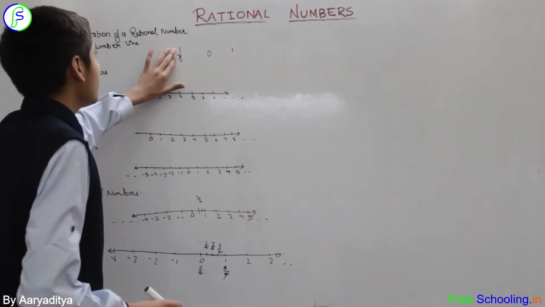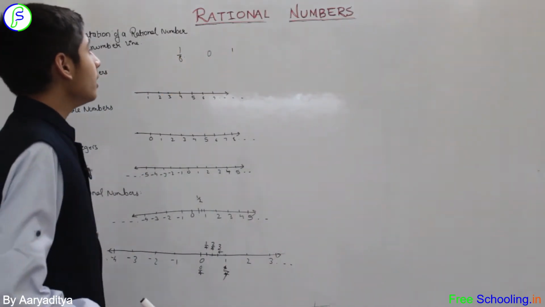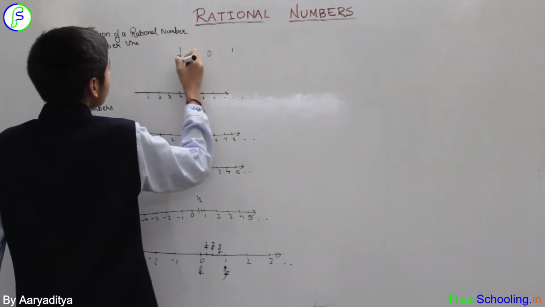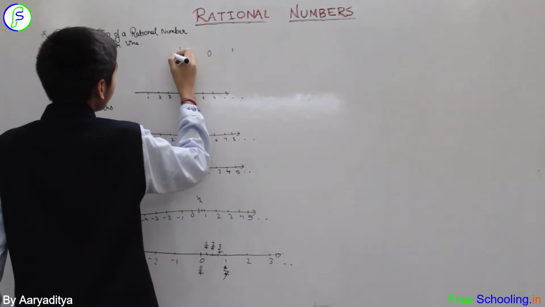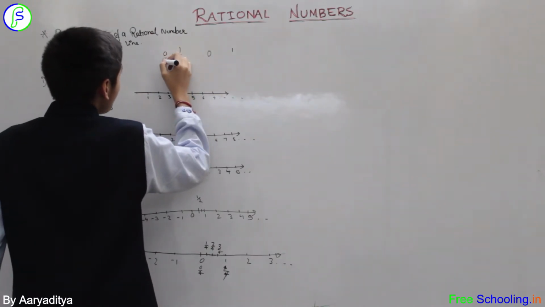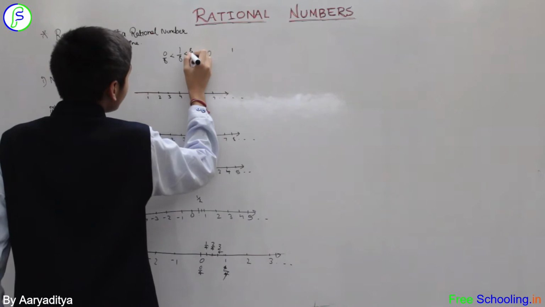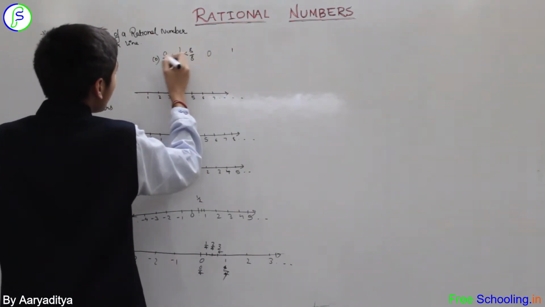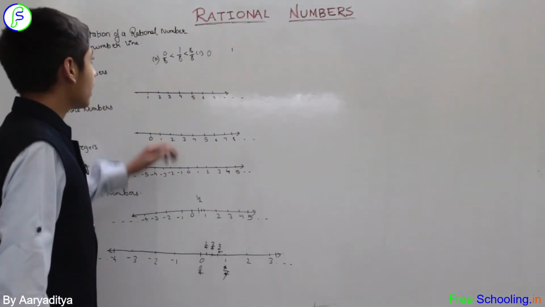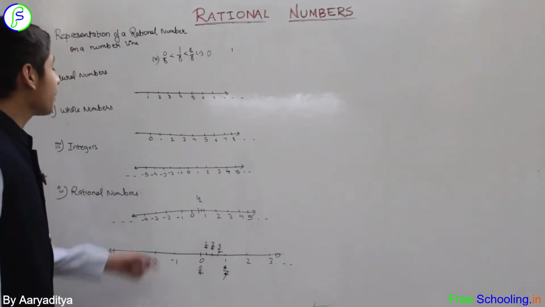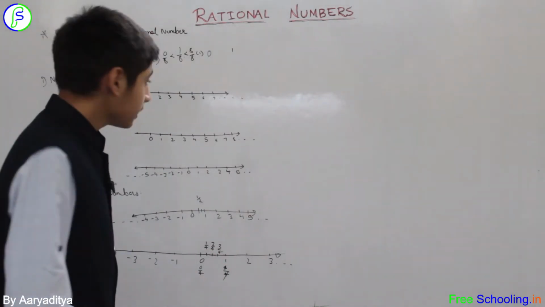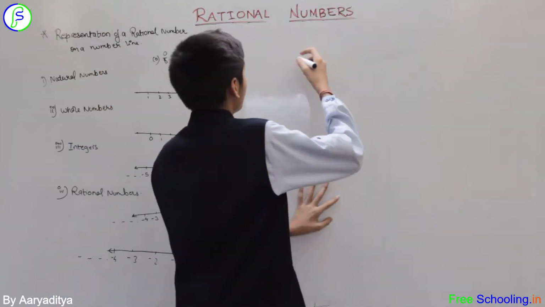If you take 1/8, then you need to make divisions between 0 and 1, because we see that 1/8 is greater than 0/8 but smaller than 8/8. So that lies between 0 and 1. That's how you work out whether the number is between 0 and 1 or 1 and 2, or between any two basic numbers. Okay, and let me make a number line.